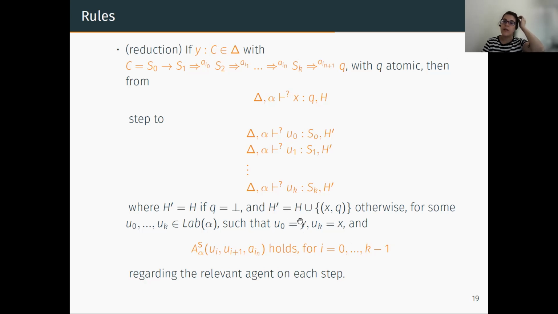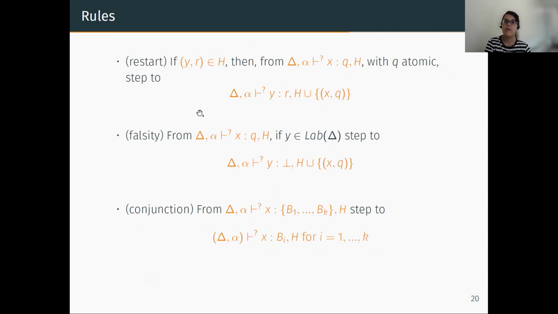So the first label we ask is a label E, and the last one is a label X. And because we are in a multi-agent setting, of course, all of these links must be regarding the relevant agent on each step. And I'm going to present an example later, which I'm hoping is going to make it more understandable how this rule works.